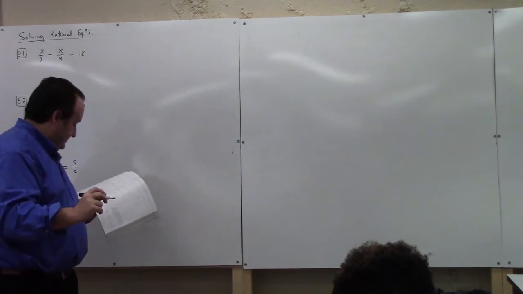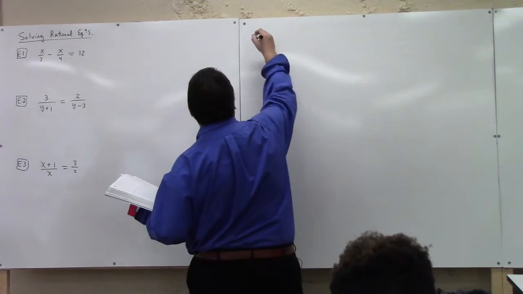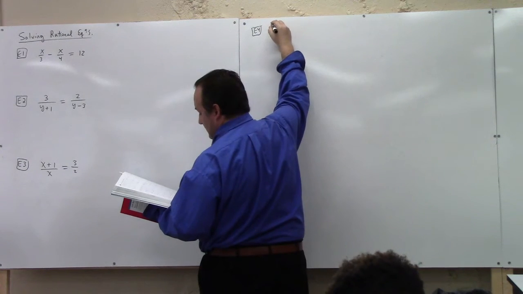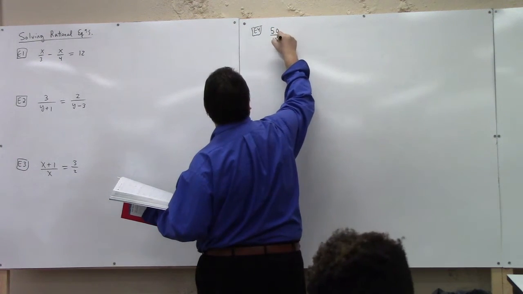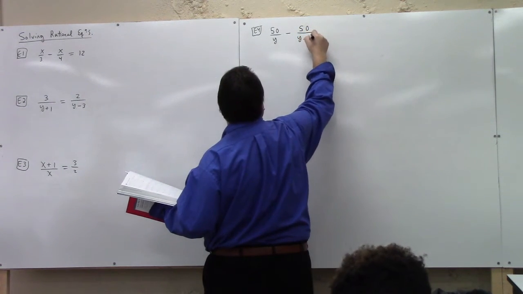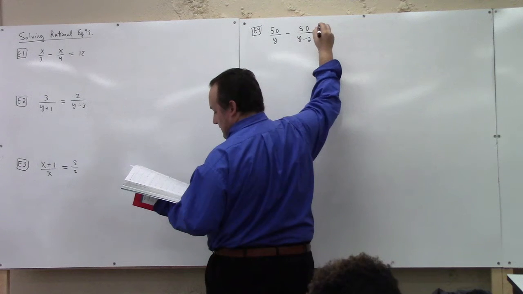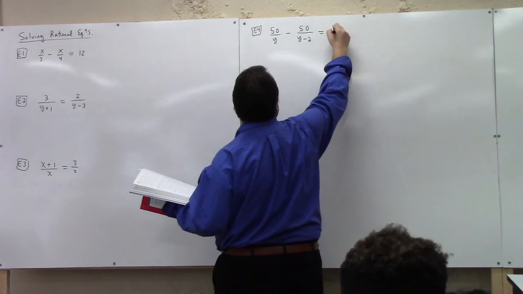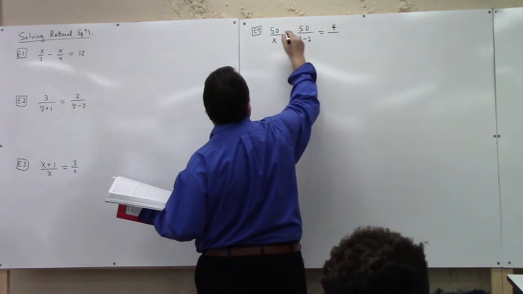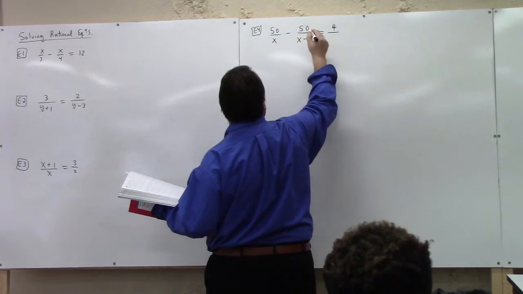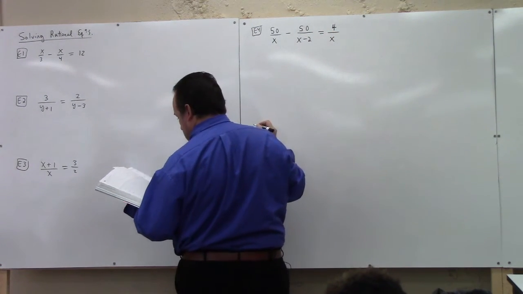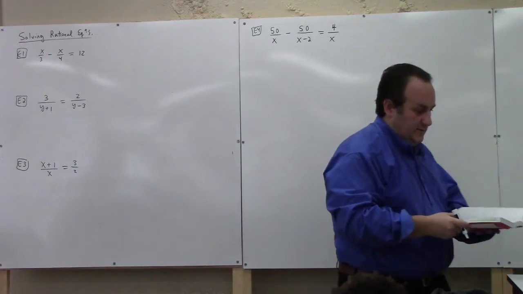Example 4, we will solve 50 over y minus 50 over y minus 2 equals 4 over y. I'm going to change those to x's so you can tell the difference between my letters and my numbers, so 4 over x. So I'll start with those. We'll see where that takes us.